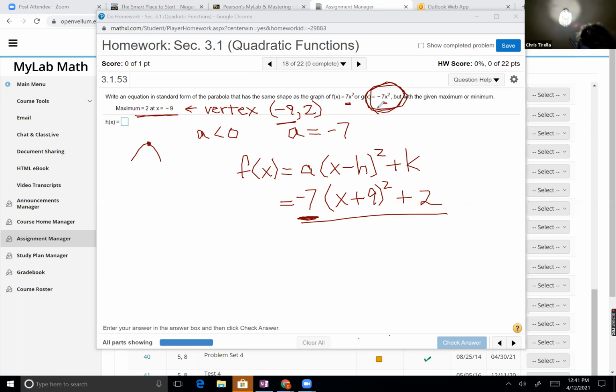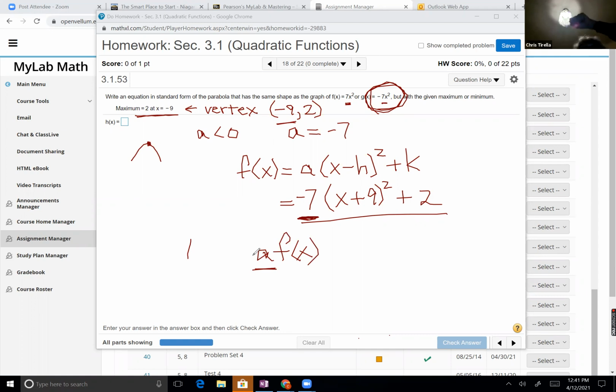if we think back to when we were talking about transformations, when we started moving parabolas around. Remember, we had said that if you had the graph of a times f of x, if a was bigger than 1, it stretched it tall and thin.